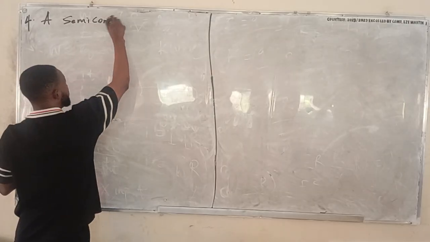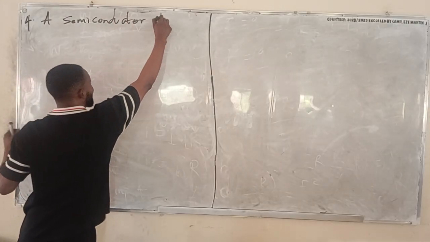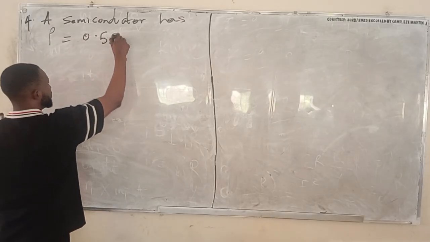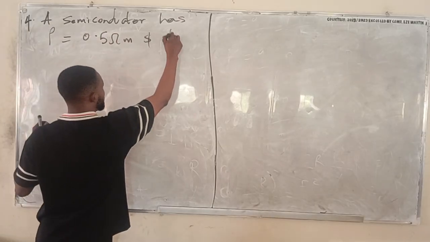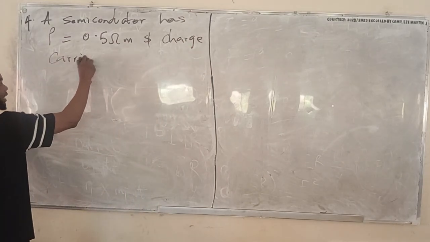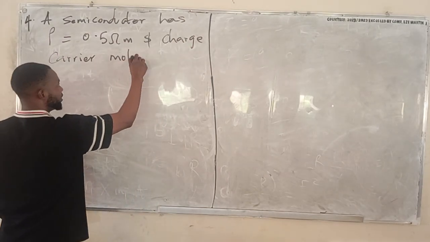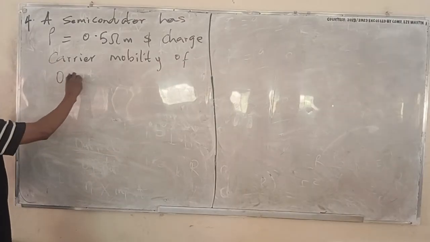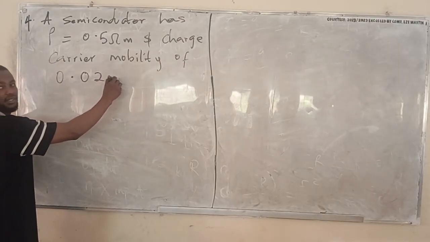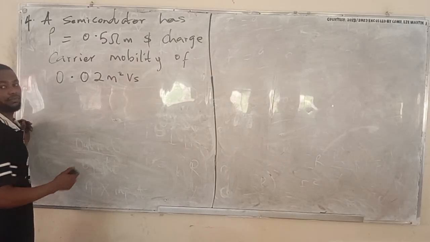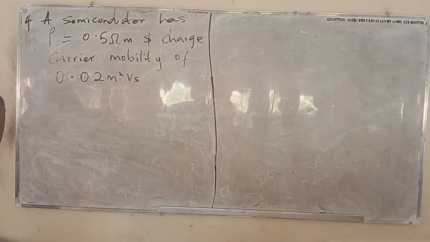Resistivity of 0.5 ohm meter and a charge carrier mobility of 0.02 meter squared per. Yes. Okay, now I see why you people chose this one.